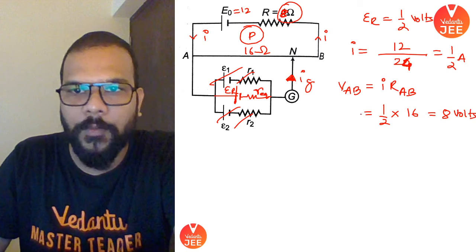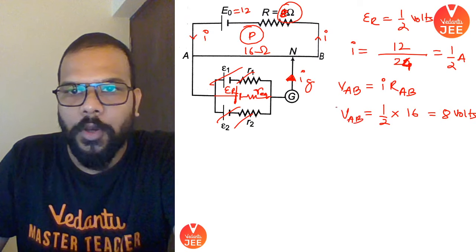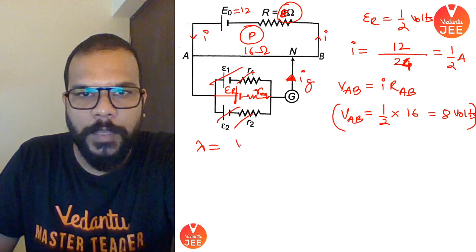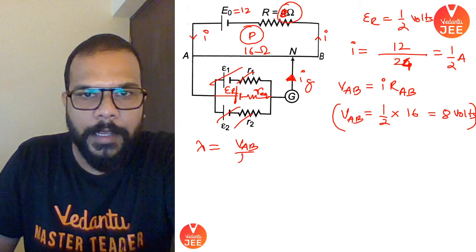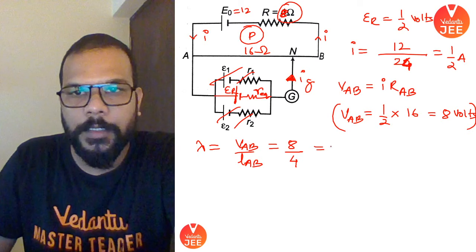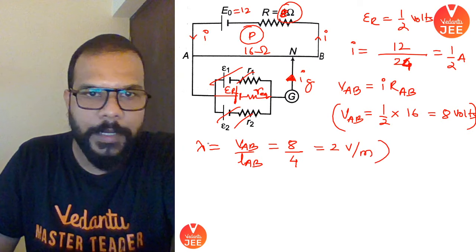So out of the 12 volts of that battery, on AB, 8 volts are getting dropped. So lambda comes out to be VAB by length of AB, and VAB is 8 volt, its length is 4 meters, so it is 2 volt per meter.